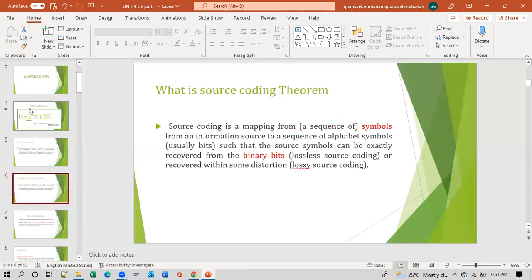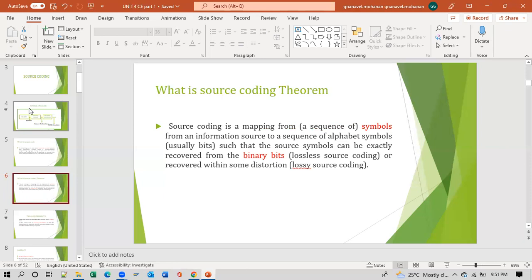Next, let us see what is source coding theory. Source coding is a mapping from symbols from an information source to a sequence of alphabet symbols, such that the source symbols can be exactly recovered from the binary bits, or recovered within some distortion.